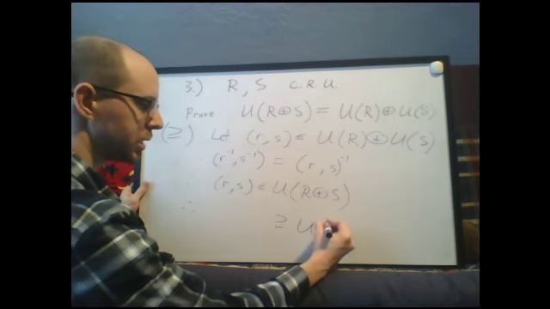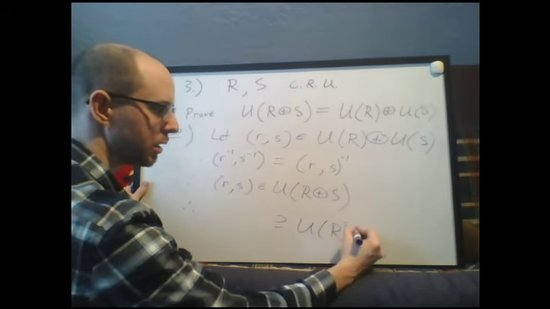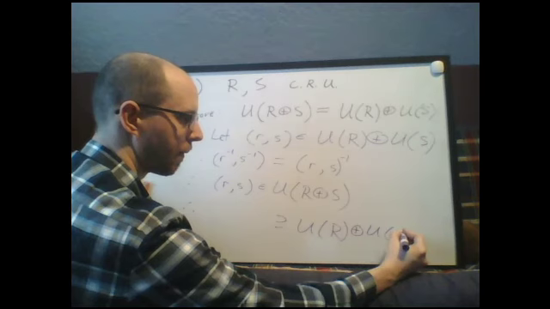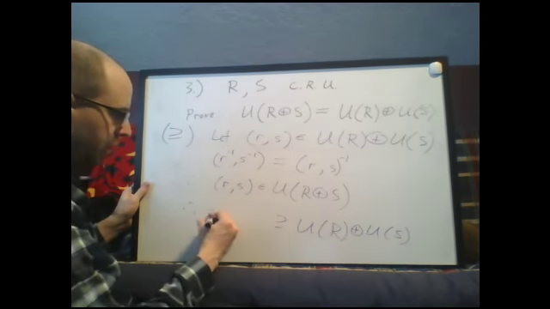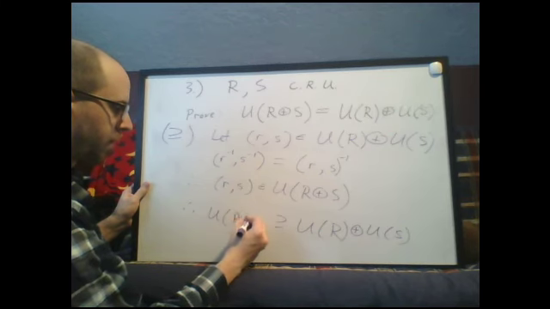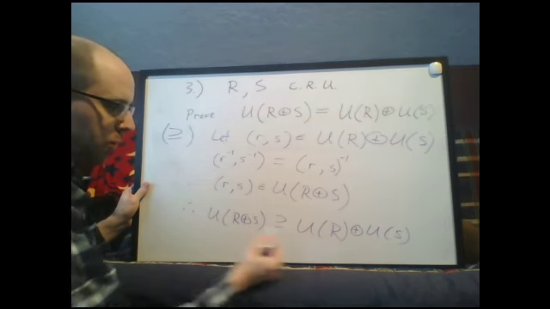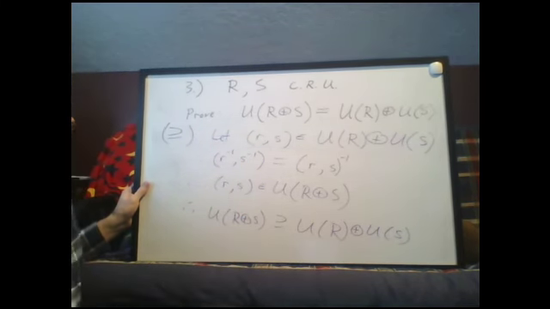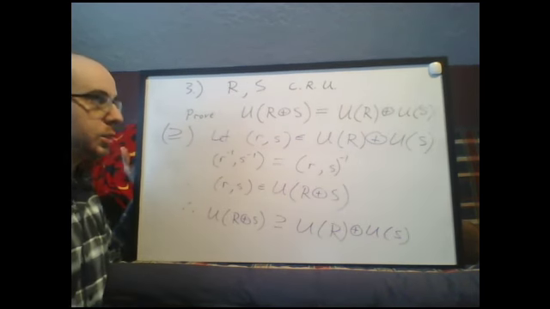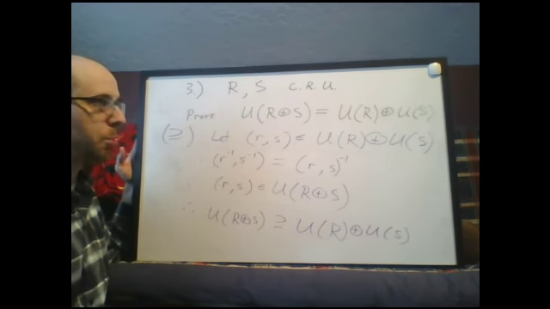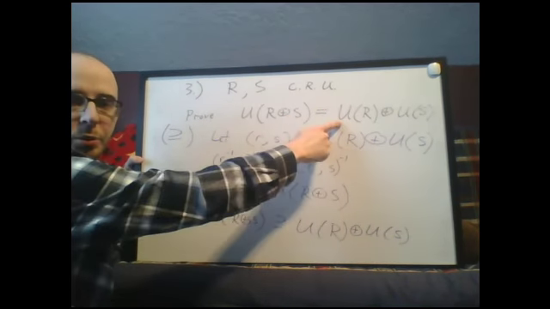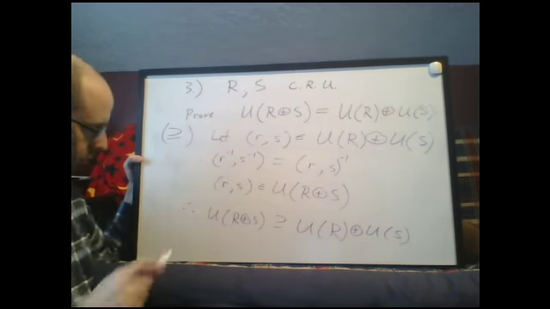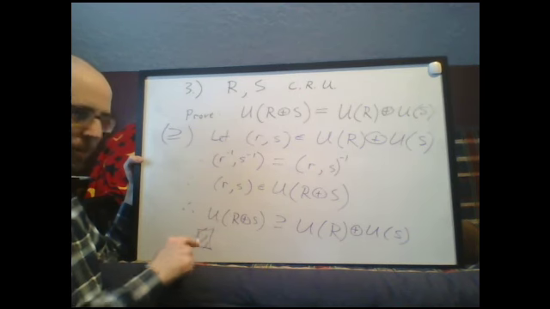Let me be consistent with the sides. We started with something here. We showed it was here. So we've proven this containment. All right, so that finishes the proof. We showed both containments. Both sides contain the other, so they have to be equal to each other. So I'll finish the proof there.